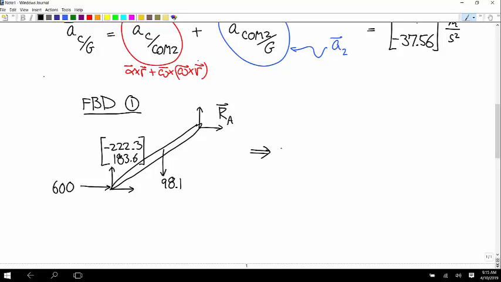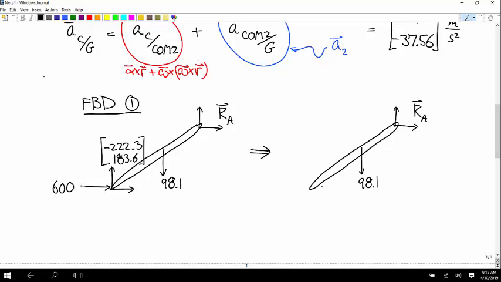And so I'll redraw this. We have the force RA over here. We have the weight force down. And then since the 600 Newton force and F12 act at the same point, that's just a single force vector.